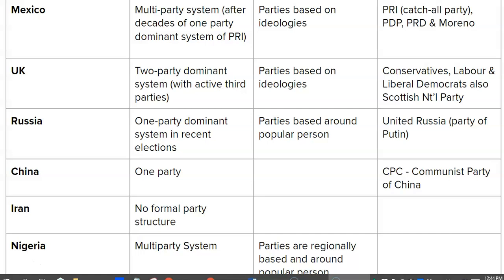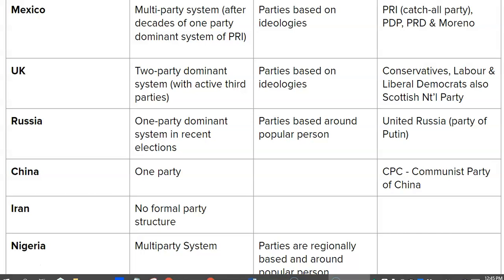As we're looking at Mexico, the parties that we should know are the PRI, which is a catch-all party, the PAN and the PRD, and Morena. Sorry, I had a little typo there.